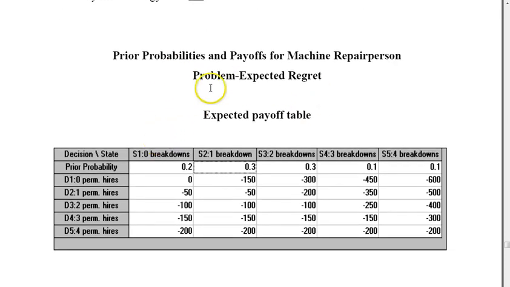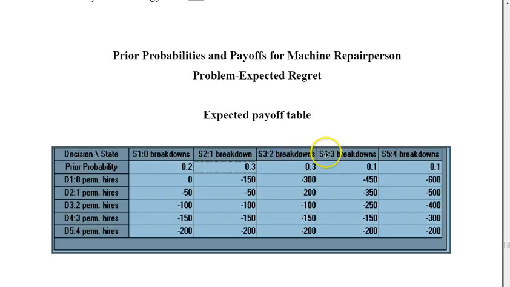And the answer is yes. So here I have my states of nature: 0 breakdowns, 1, 2, 3, and 4 breakdowns. These are my states of nature, and these are their probabilities.